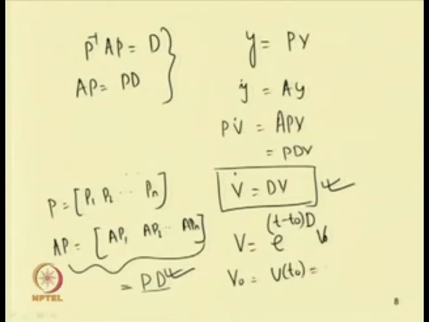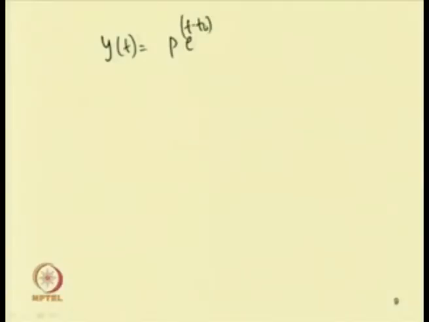This can be written also as P inverse y t 0. Substituting this in our original equation, we can write y t equal to P e to the power (t minus t 0) D into P inverse y t 0.